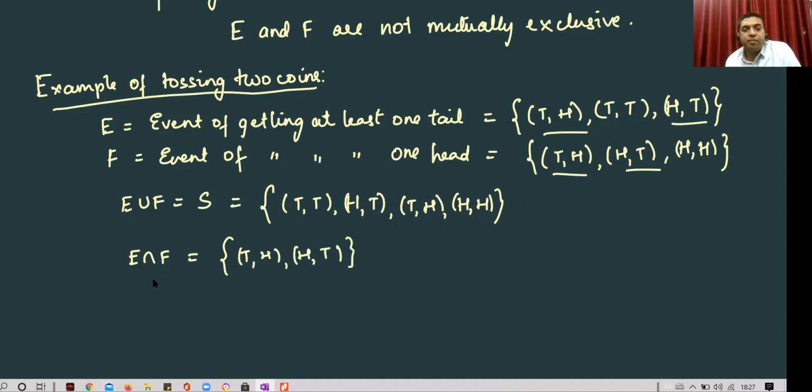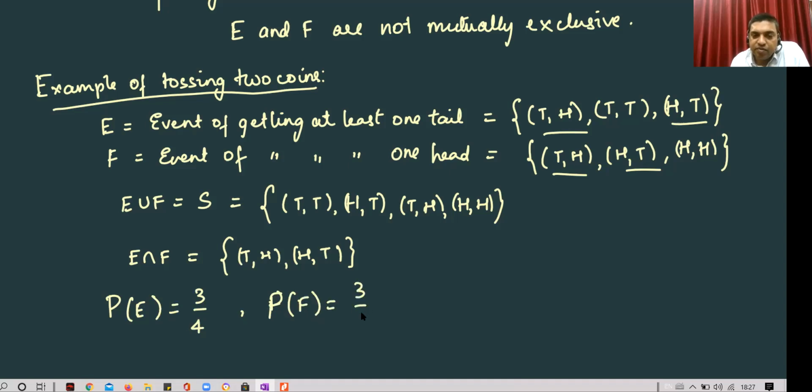Now they're not mutually exclusive, right? Now let us check their probabilities. Probability of E is 3 by 4, 0.75. Probability of F is again 3 by 4, 0.75.